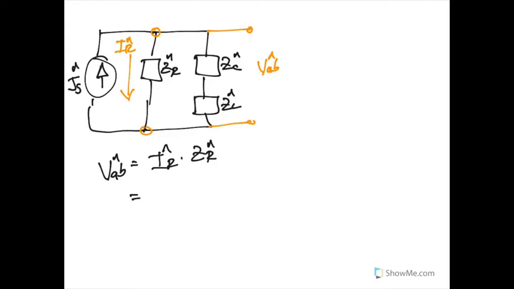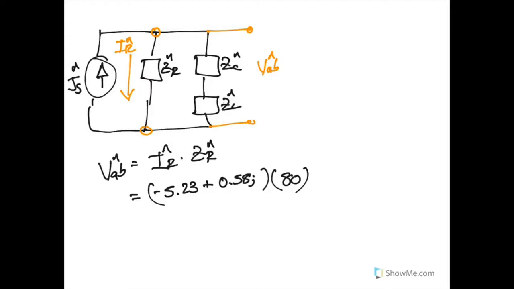And from our previous circuit, we found that the value of the current through the resistor was negative 5.23 plus 0.58 J. And we know that the phasor for our resistor is 80.